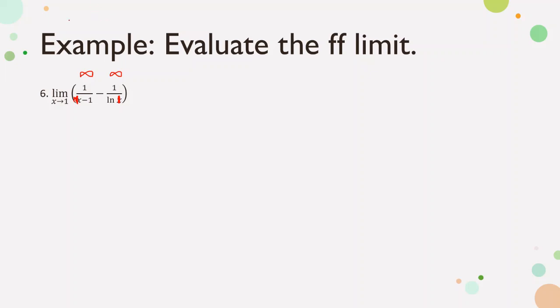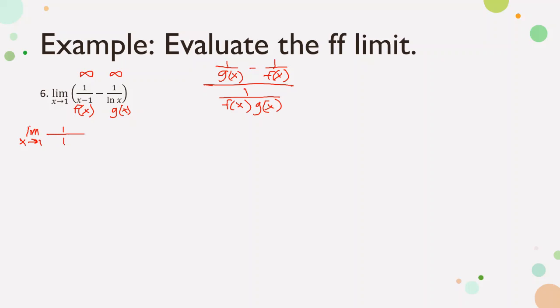So meaning to say we have to change the form into what I have shown you earlier from the previous slide. So this is our g of x. This is our f of x. Now we have to change that again into 1 over g of x minus 1 over f of x all over 1 over f of x times g of x. So here we have, let's write the limit. We have 1 all over 1 over ln x.